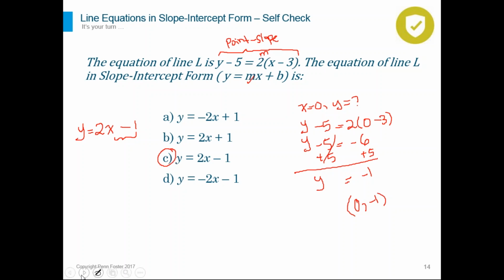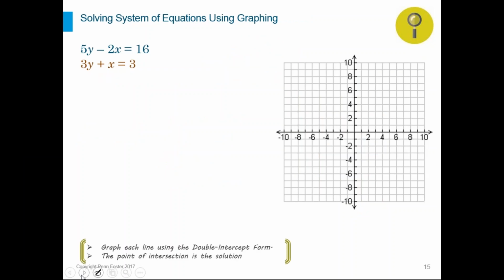Okay, let's move on to how we can solve a system of equations using only graphing. Remember in Unit 2, if I'm not mistaken, we learned how to use algebra to find the point which is the solution for the system of equations. That point is an x and a y value.